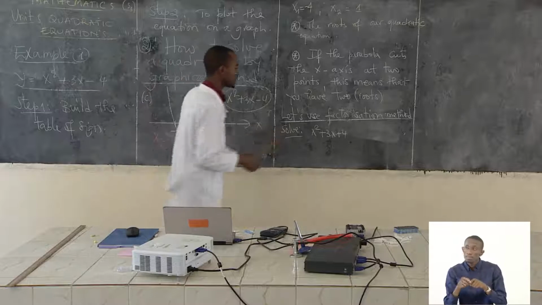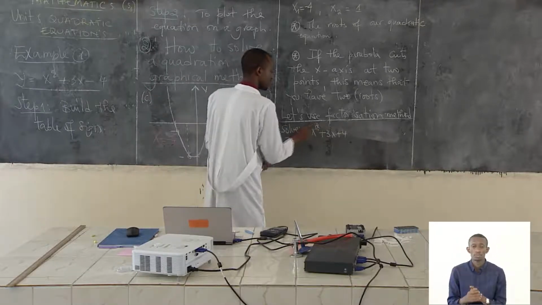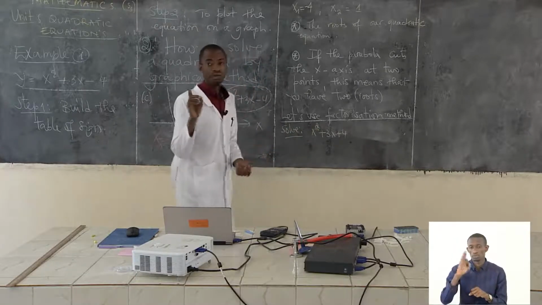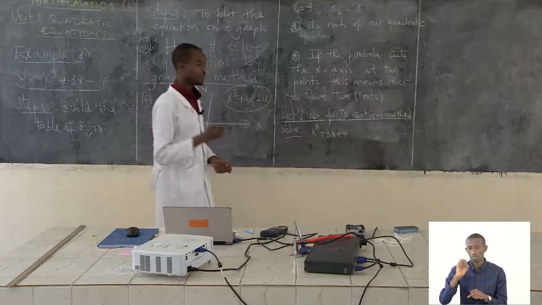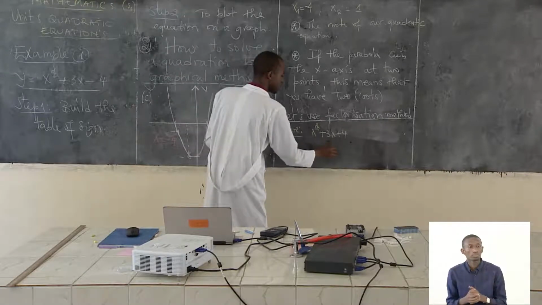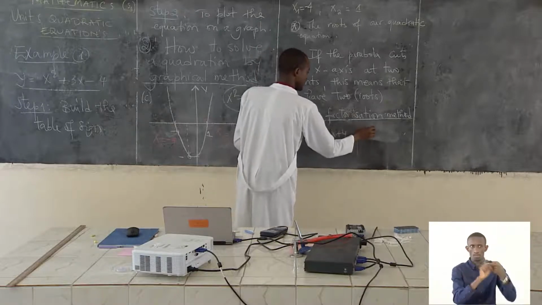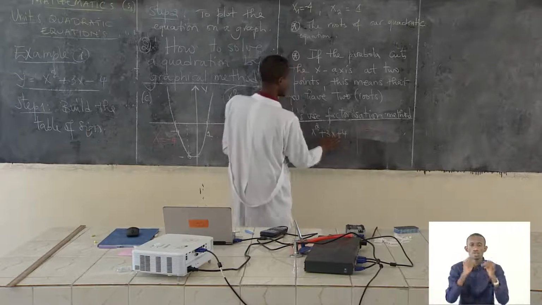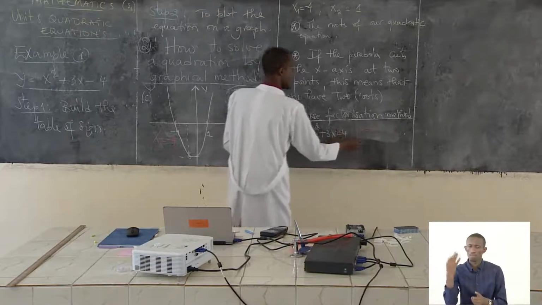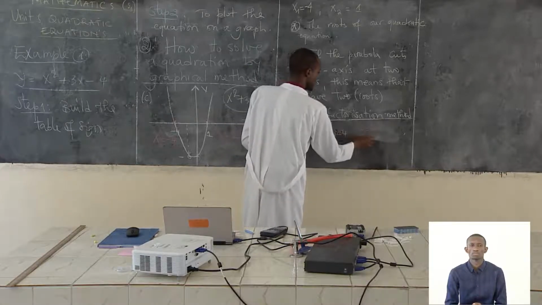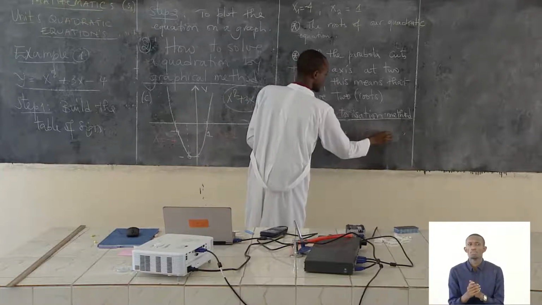Now, when you factorize this, don't get confused. You need to remember what you do. This is actually called the sum, and this is the product. The sum is 3, and the product a times c goes to -4.